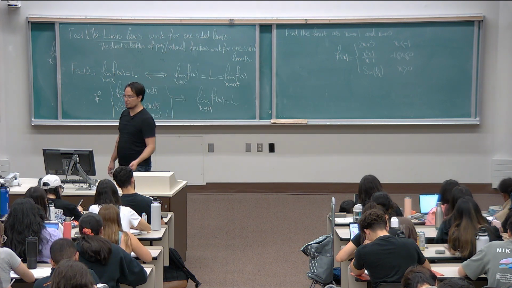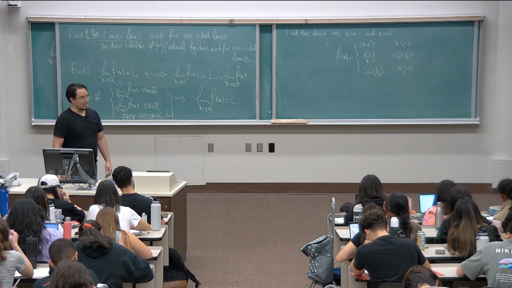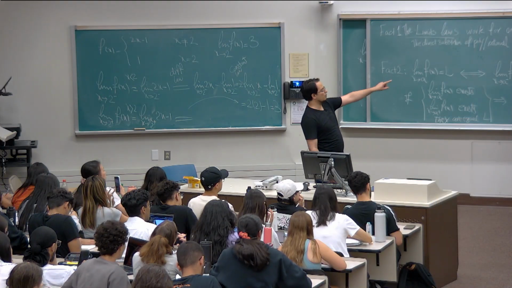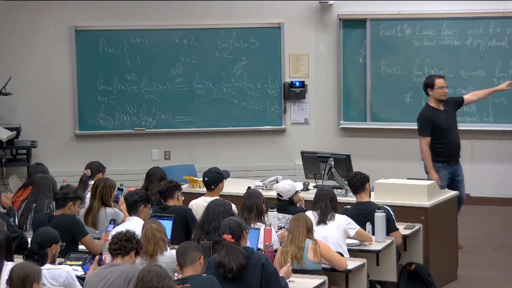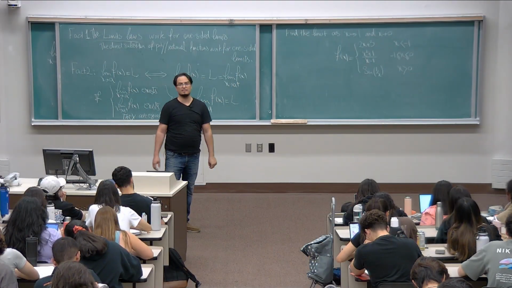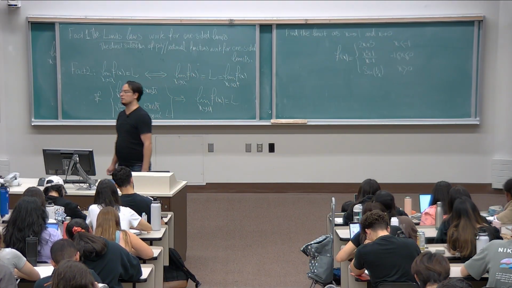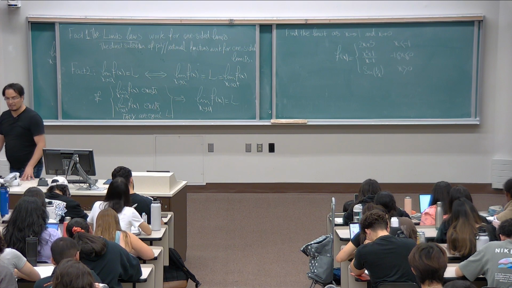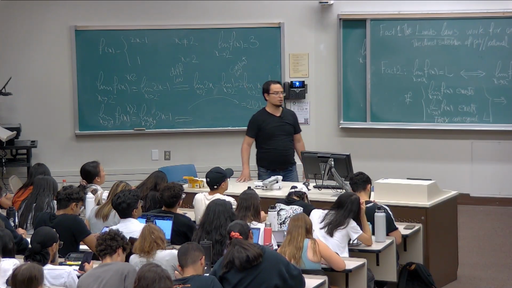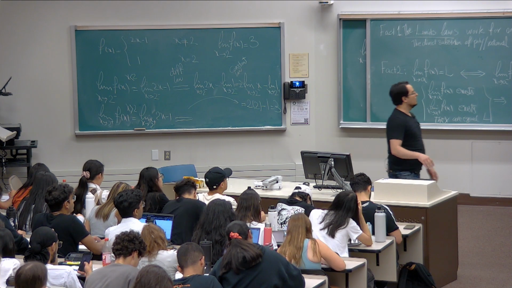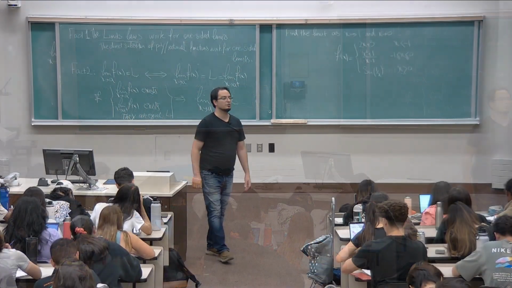So this function is given. If x is less than negative 1, it is given by that. If x is between negative 1 and 0, it's given by that fraction. And for x bigger than 0, it's sine of 1 over x. Evaluate the limit of this function as x approaches 1 and when x approaches 0.